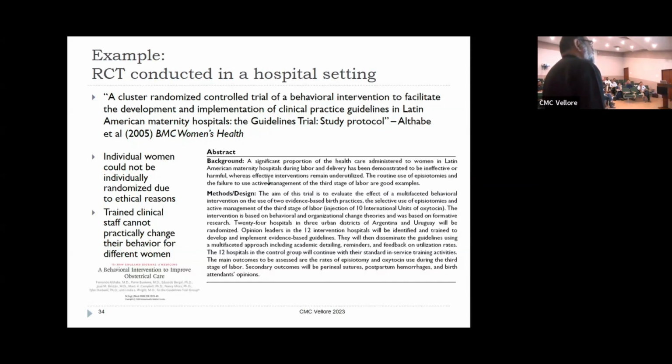And so they wanted to train people in the obstetric group in active management of the 3rd stage of labor with oxytocin or whatever. And so they could not, at the moment of the woman giving birth, randomize a woman to be actively managed or not actively managed, because the obstetric team was trained in this. And so now they have to say, wait a second, I have to be untrained and I have to not manage this person?